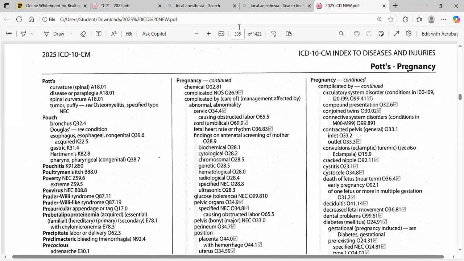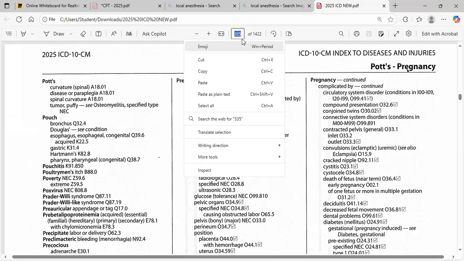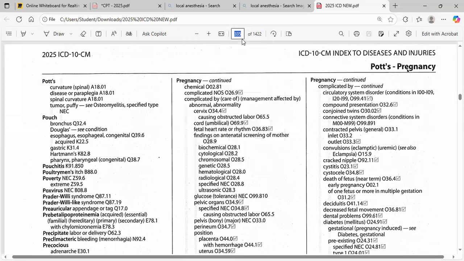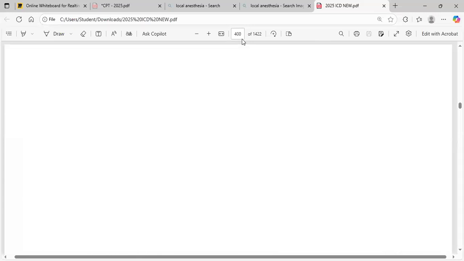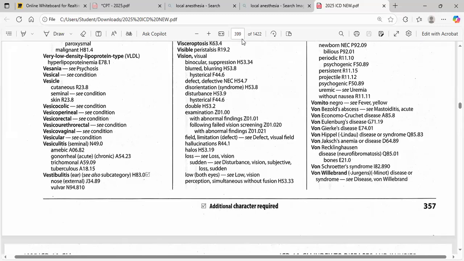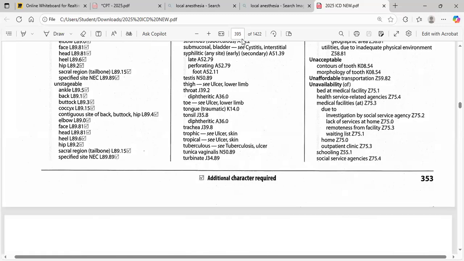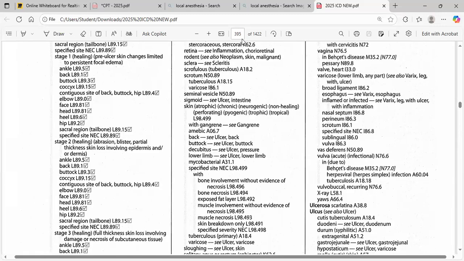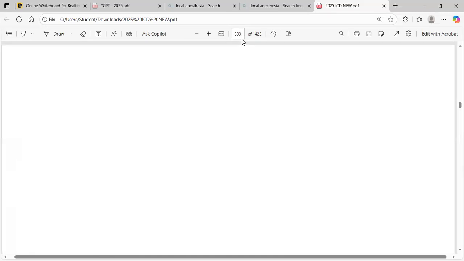Here we have the P, so we have to refer T. So let's scroll it a little more. It's W. Scroll it up. Ulcer.